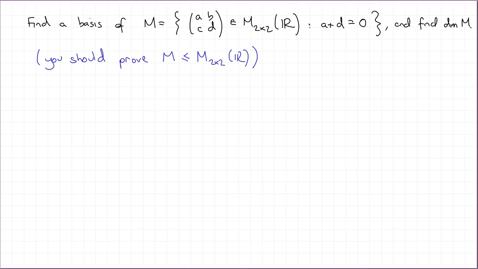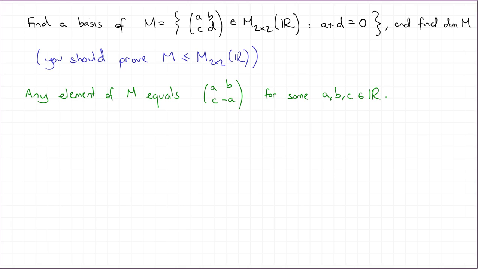What does an element of this vector space M look like? So any element of M equals the matrix A, B, C, minus A, for some real numbers A, B, and C. So that's true by the definition of M. And that is a useful thing for us to write down because it gives us a clue.